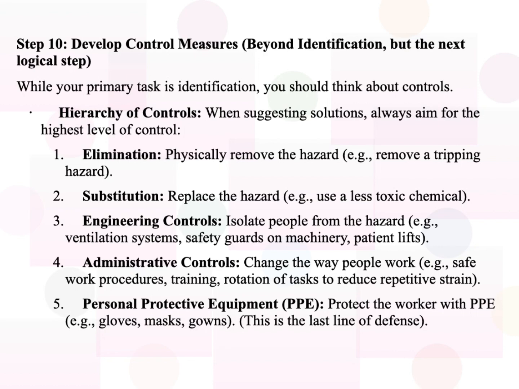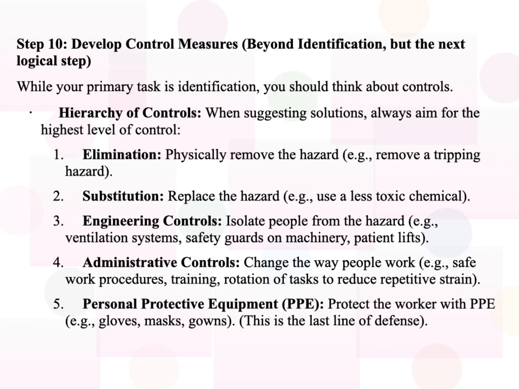Number 1, elimination. Physically remove the hazard, for example remove a tripping hazard. Number 2, substitution. Replace the hazard, for example use a less toxic chemical. Number 3, engineering controls. Isolate people from the hazard, for example ventilation systems, safety guards on machinery, patient lifts.